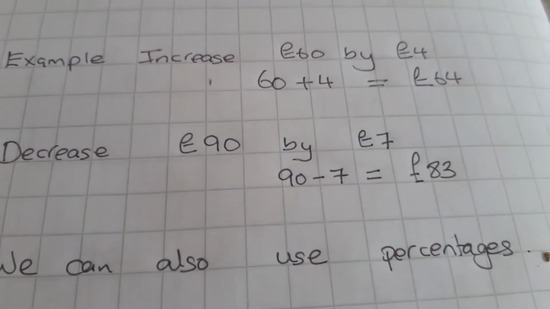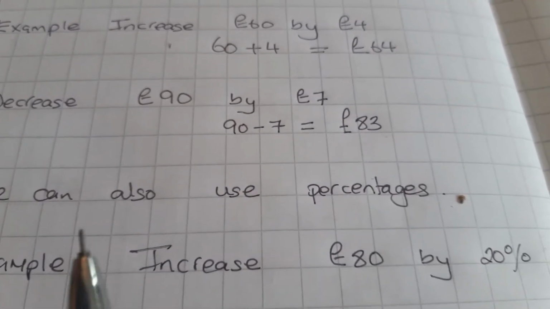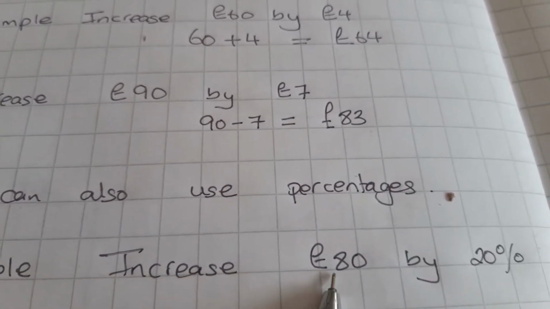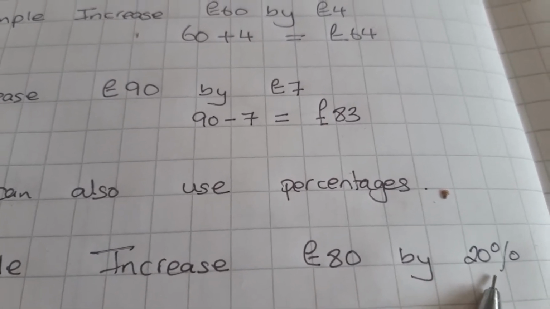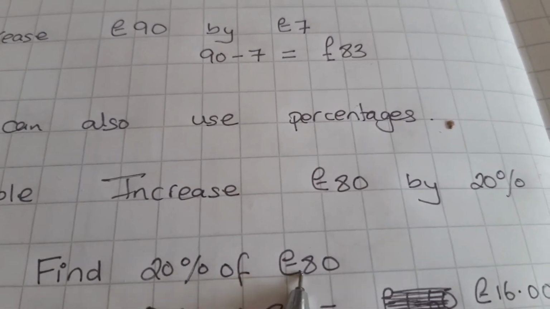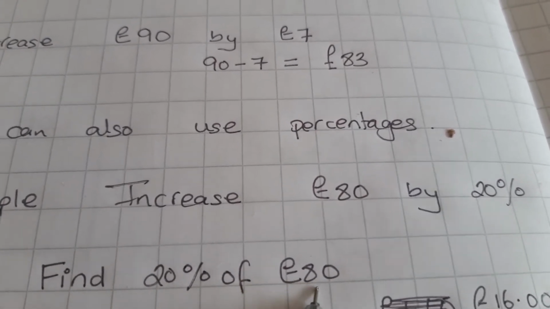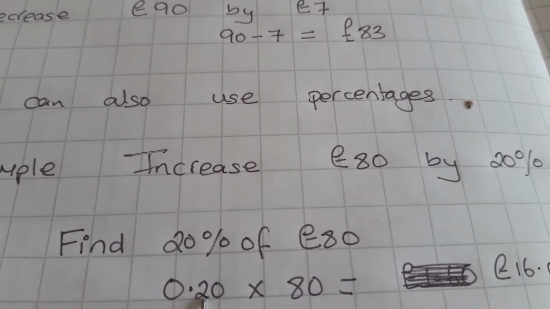So how do we use percentages with this kind of question? For example, increase £80 by 20%. The first thing you have to do is work out how much is 20% of £80 because that is what you're going to add on. So remember how to do this, change to a decimal and multiply.